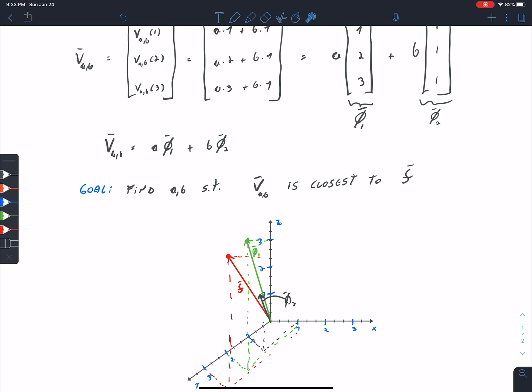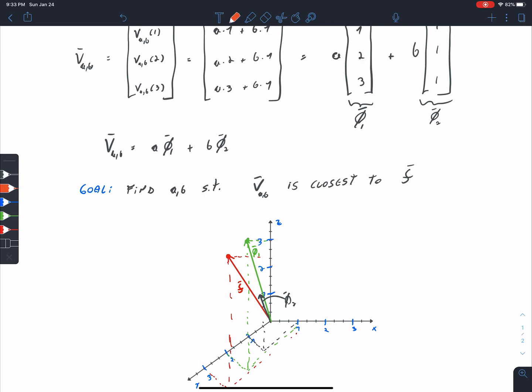Now this is a tricky thing to do because it involves drawing in 3 dimensions, and I'm not very good at it. But you can view the set of all possible linear combinations of phi1 and phi2 as sort of this plane here that sits on this set of coordinates.